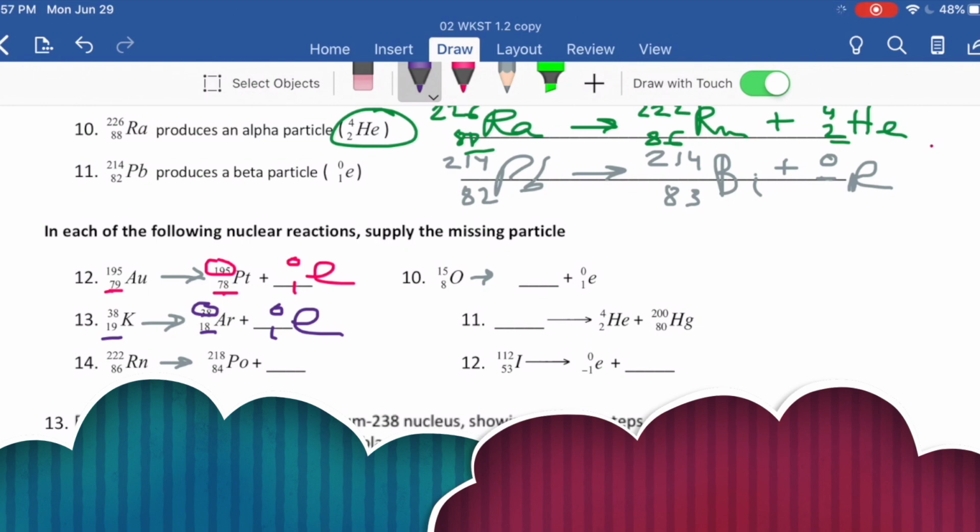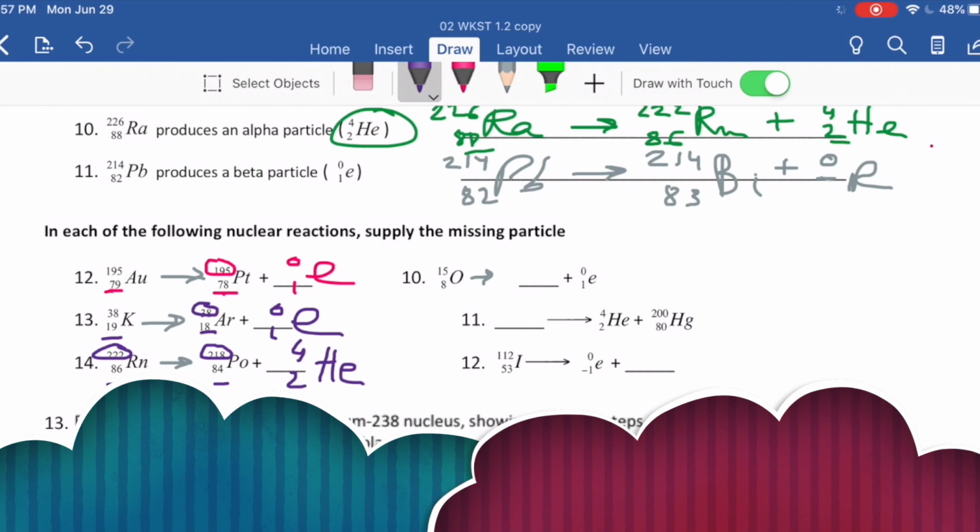Now, the next one, I see how 86 has gone down to 84, so I needed 2 on the particle that it's been emitted as the atomic number, because 2 plus 84 equals 86. And then I need up here, I see that the mass number is going from 222 to 218. So I need a 4 up here, because 4 plus 218 equals 222. So what is the particle that has 4 as the mass number and 2 as the atomic number? The helium, which is the alpha particle.